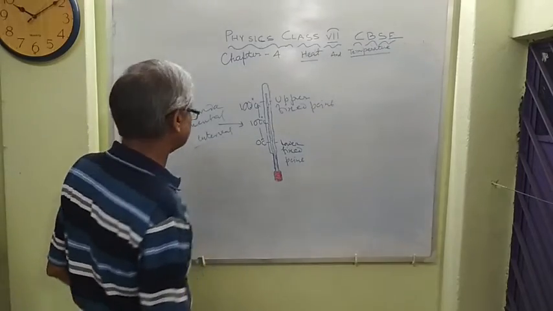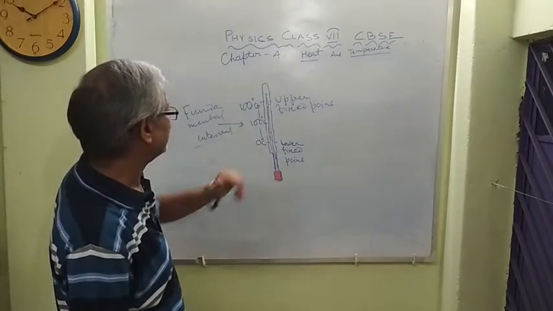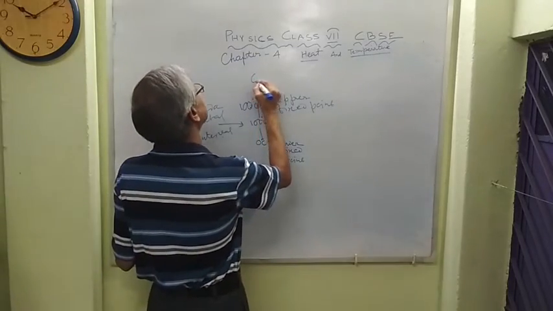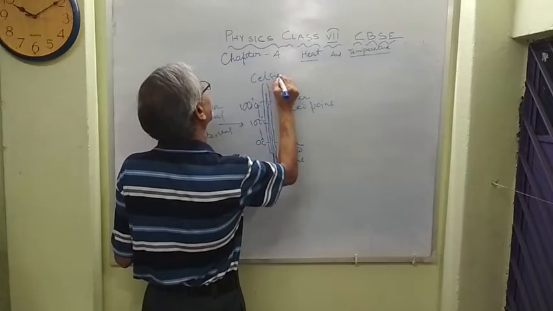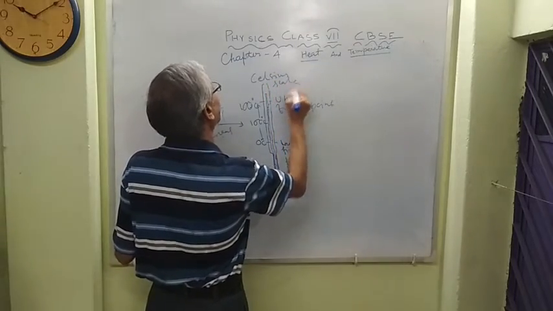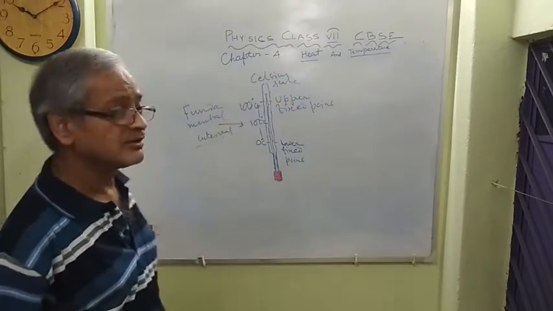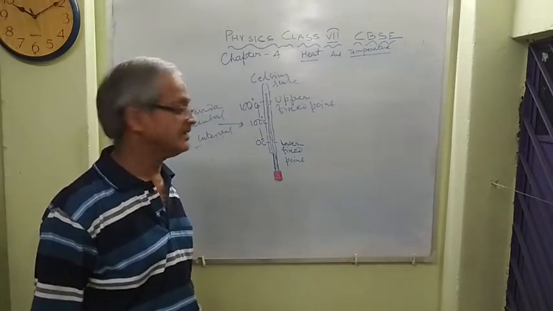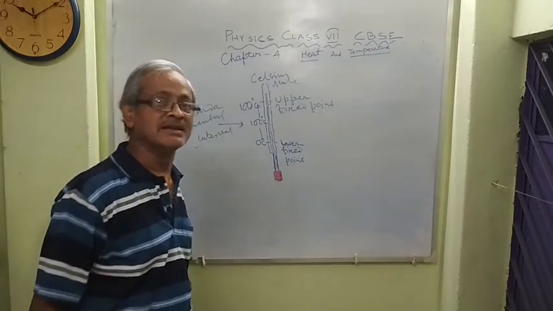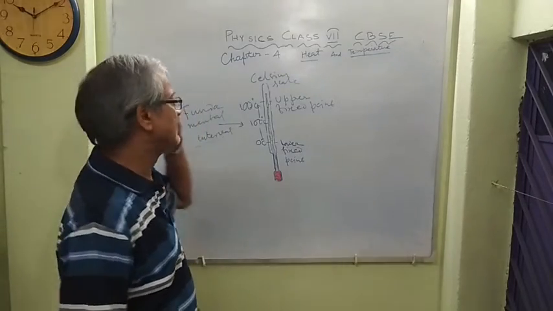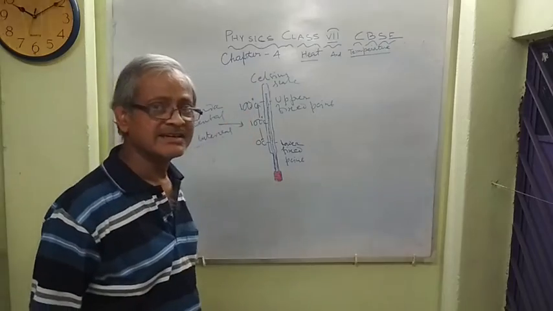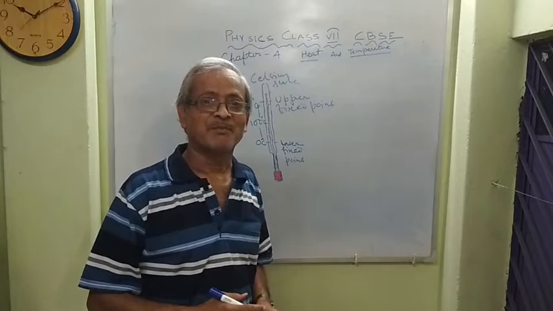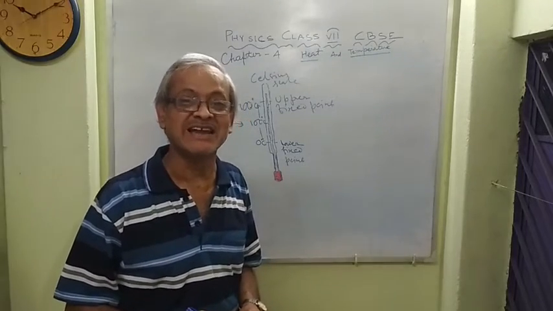Now, we see the Fahrenheit scale. This is the Celsius scale. Normally it is called the centigrade scale, but the term was officially omitted in 1948, because centigrade means hundredth of a grade.